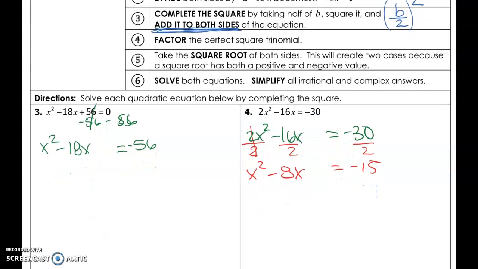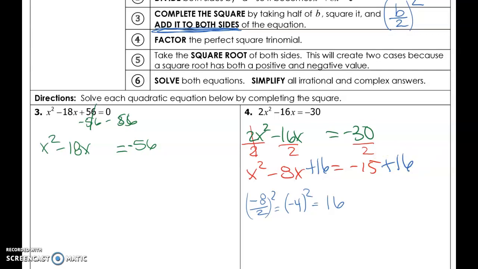For example 4, I'm going to take b, which is negative 8, divide it by 2, and square it. So I would get negative 4 squared. So what is that? 16. So I add 16 to both sides.